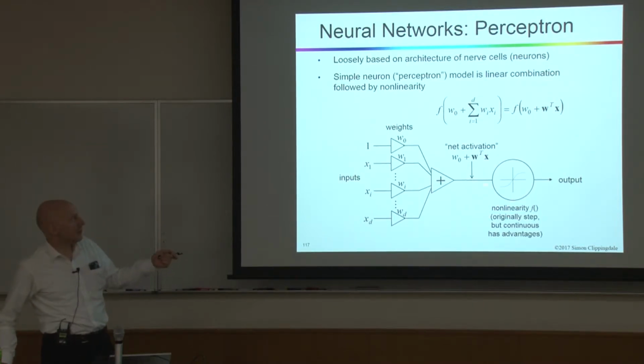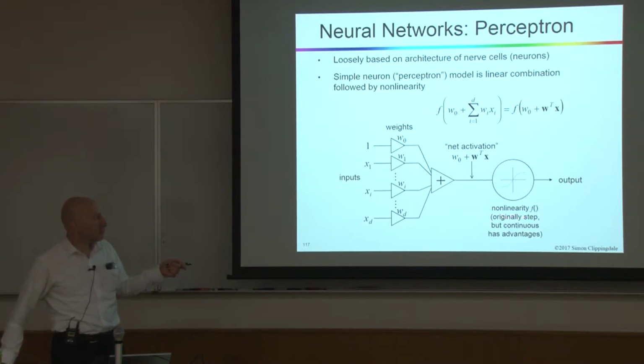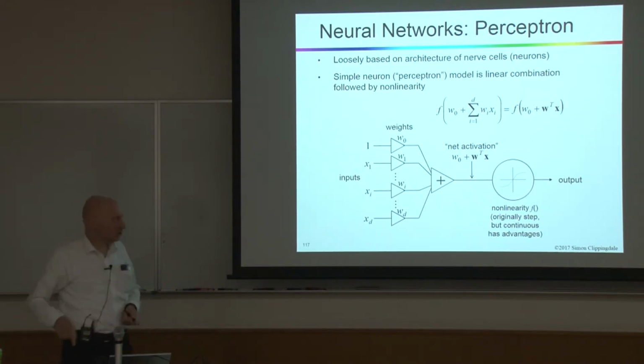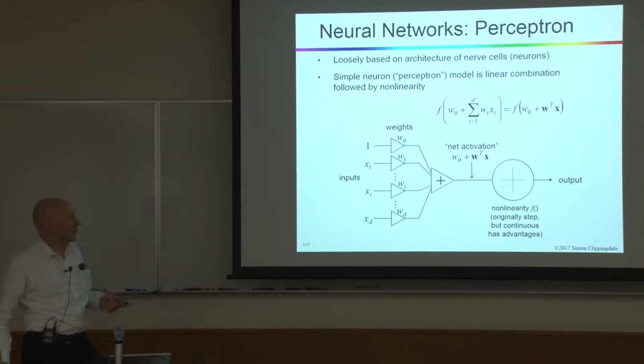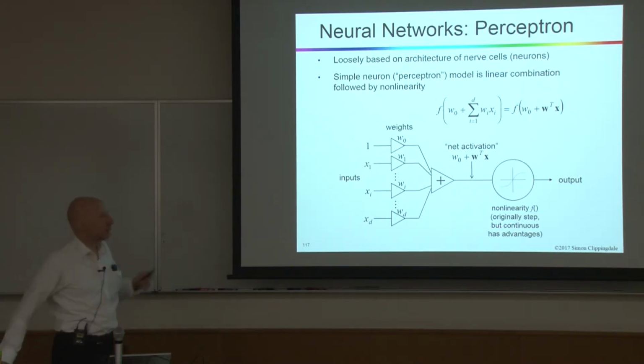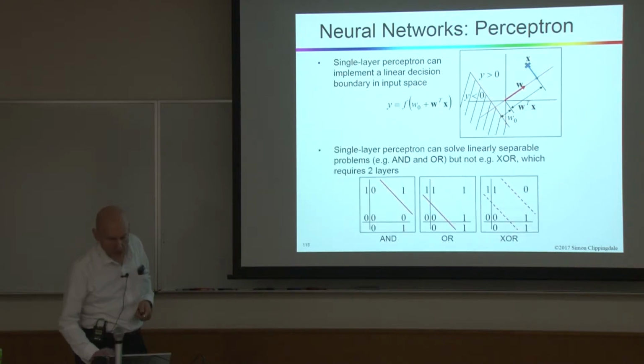And here's the nonlinearity. You can use anything, but originally people used step functions, or linear rectifiers are quite popular. If this is continuous, and so you can differentiate it, that has advantages that we'll see.